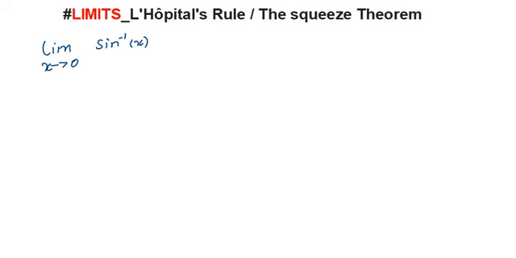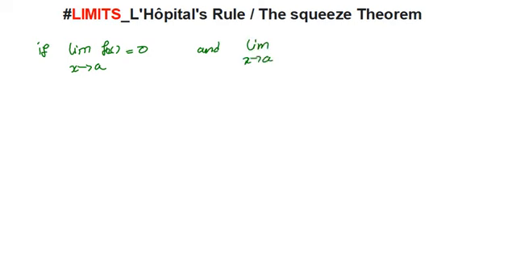Okay, and for us to be able to use L'Hopital's rule, we need to understand that if the limit of a function f of x as x approaches a is equal to 0, and the limit of a different function, let me use h of x, as x approaches a is also equal to 0, we are trying to express a situation where we have an indeterminate form.